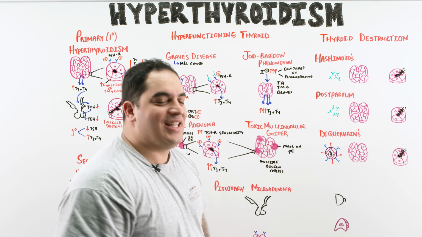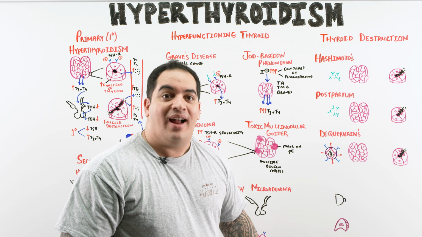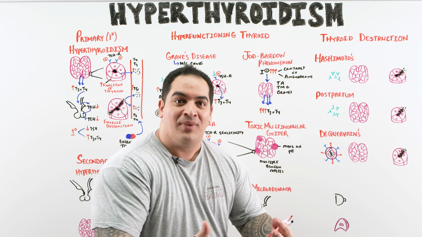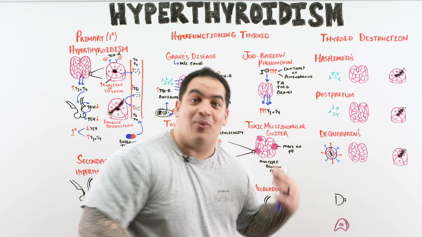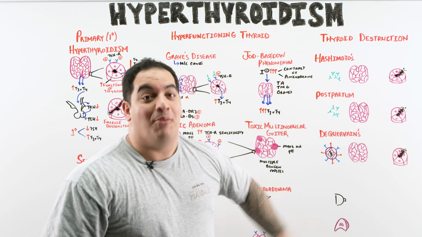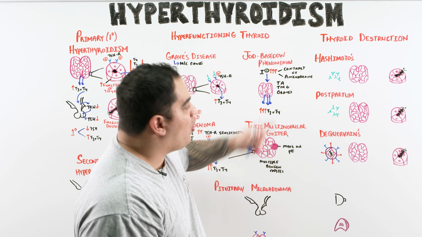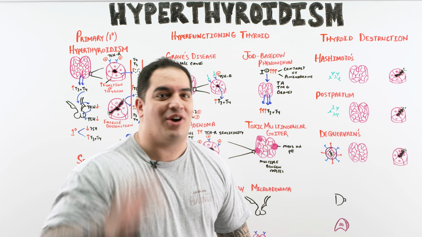That's really important. It's the opposite of the concept called the Wolff-Chaikoff effect, where you give a ton of iodine, and that iodine in high amounts suppresses the TPO enzyme so they won't make thyroid hormone. But if they have tissues that can use the iodine, they'll make tons of thyroid hormone. This is often a trigger for what we call thyroid storm, which we'll talk about later.